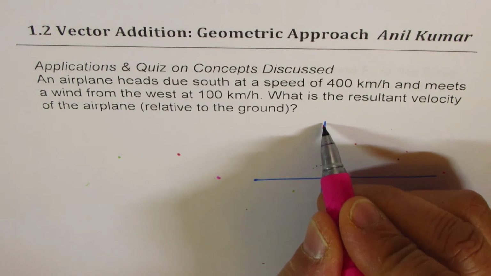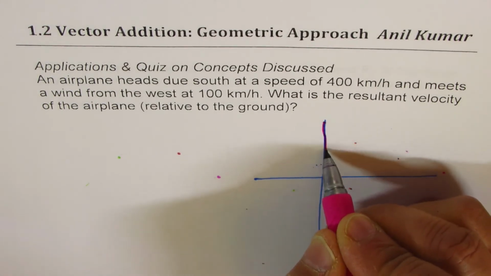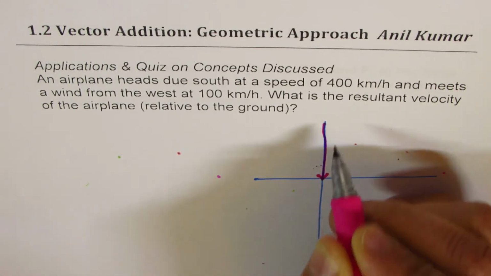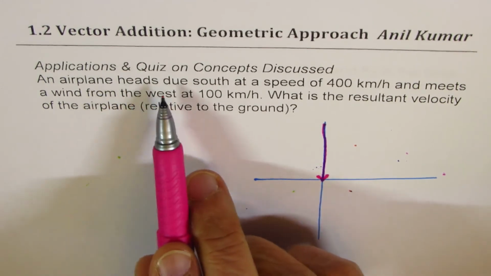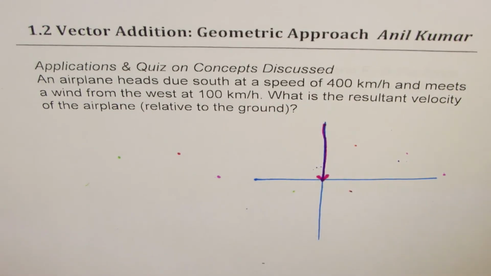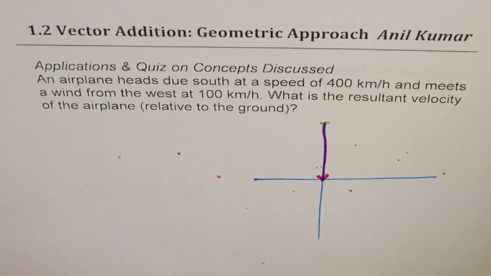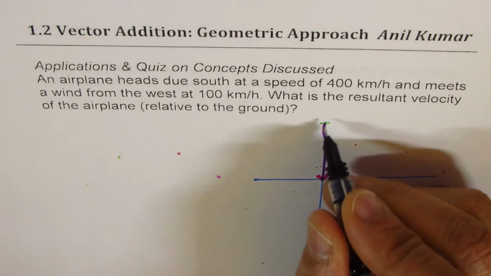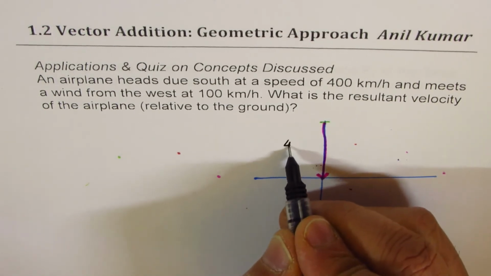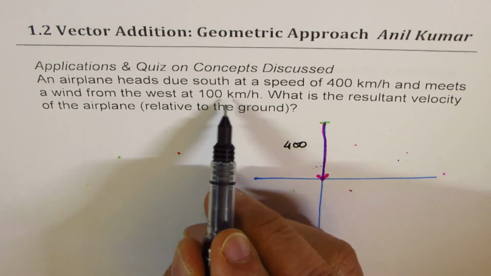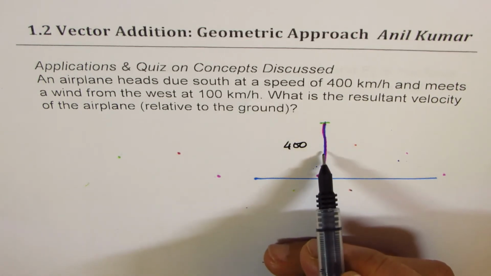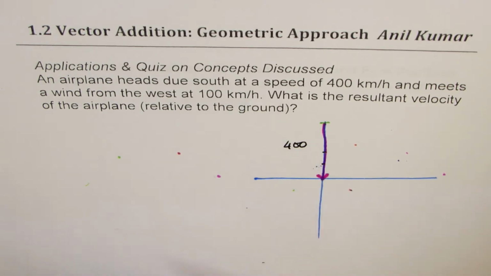So let us say that this length here represents the airplane heading south. In this case, this length represents 400. This length, which is shown here, is 400. So 100 kilometers per hour will be 1/4 of this, correct? Kind of this much. Okay.